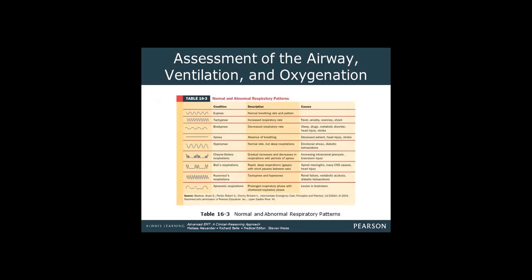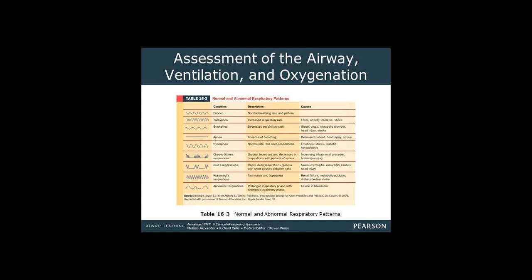We also look at respiratory patterns. And these respiratory patterns that are represented here on the picture include eupnea, tachypnea, bradypnea, apnea, hyperpnea, Cheyne-Stokes respiration, Biot's respiration. It looks like Biot's, but it's appropriately pronounced Biot's.